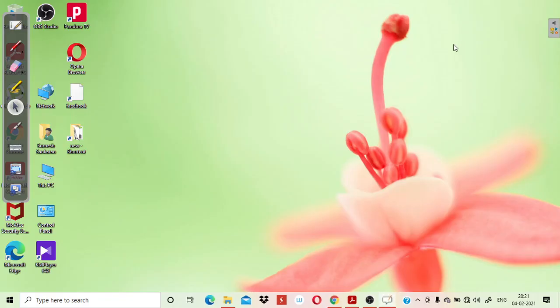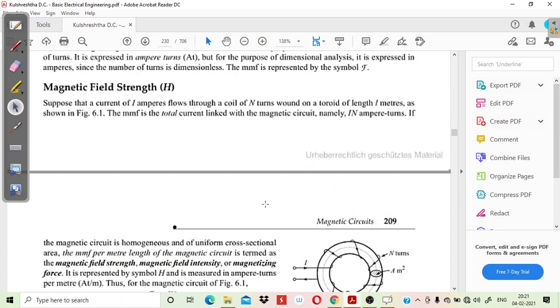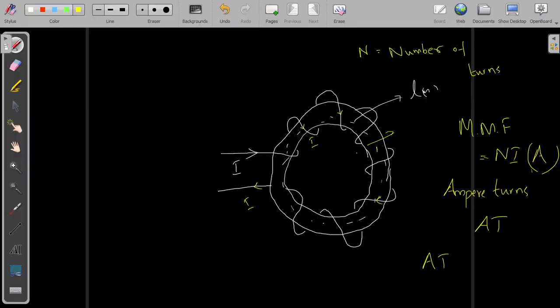And now we are going to define another term. Actually this toroid is of uniform cross-sectional area. That means if you consider a cross-sectional area A here, and if you consider a cross-sectional area here also, then this will also be A. At any point the cross-sectional area will be equal.